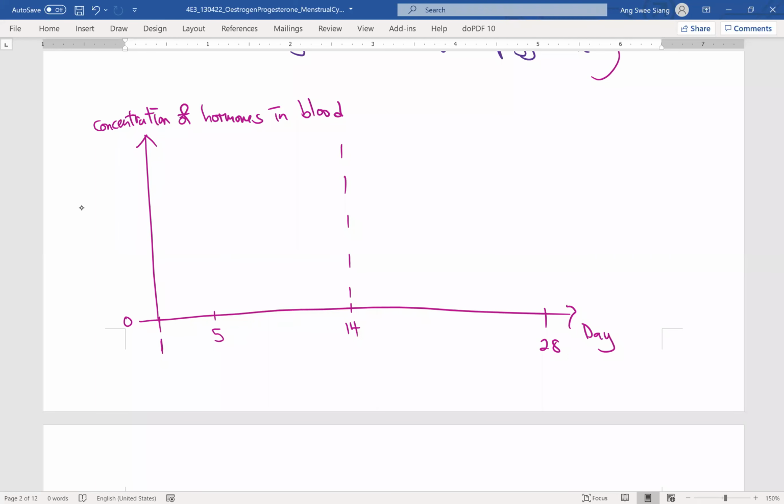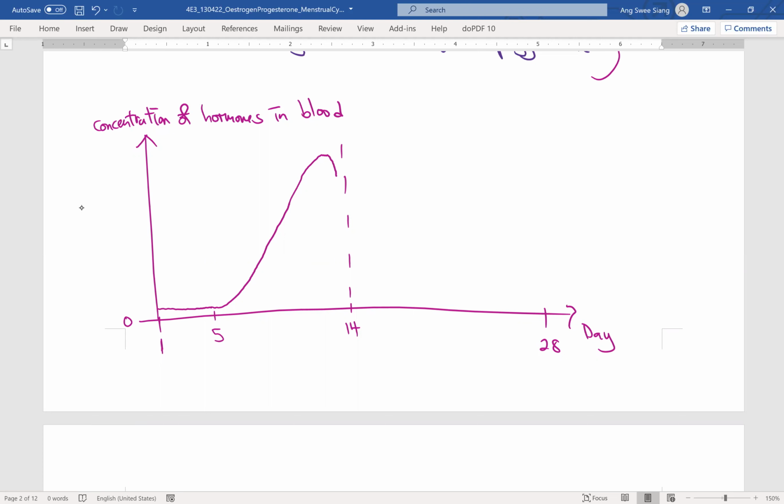So maybe we start with estrogen. Because during menstruation, estrogen is not needed. Only after menstruation does the estrogen need to stimulate the repair and growth of the uterine lining, right? Then estrogen stimulates ovulation. So the estrogen level will start to increase after menstruation, and it will peak just before day 14.